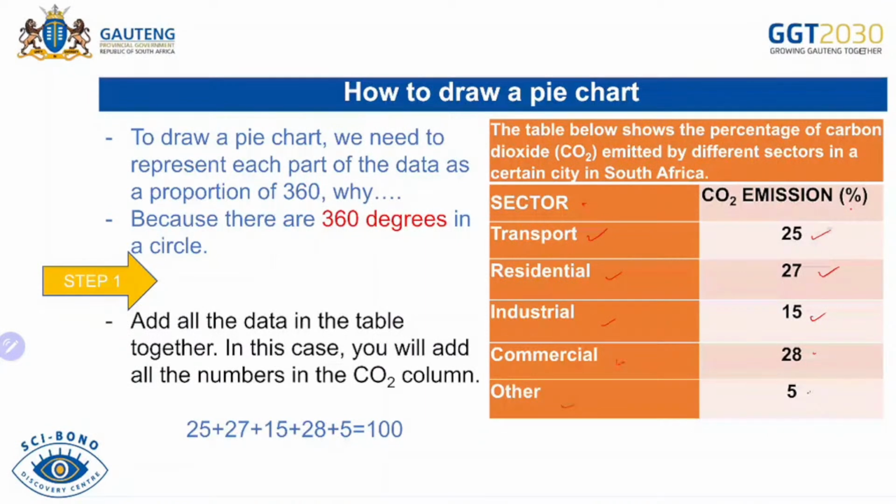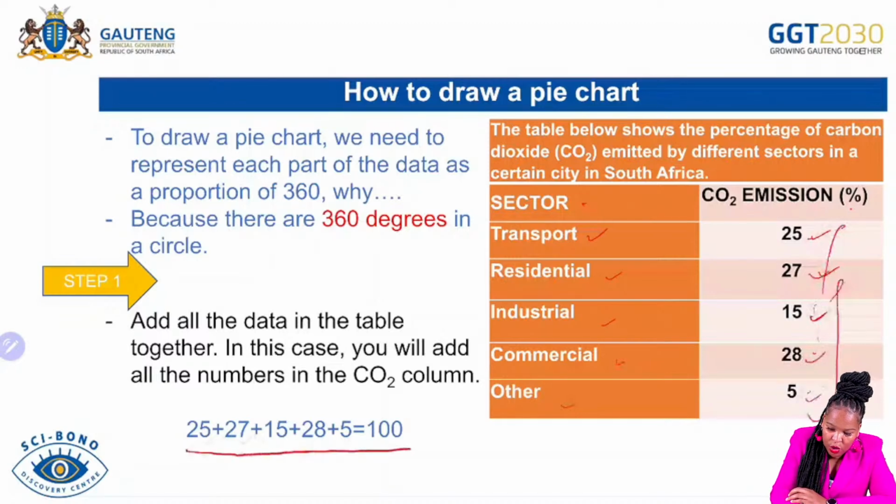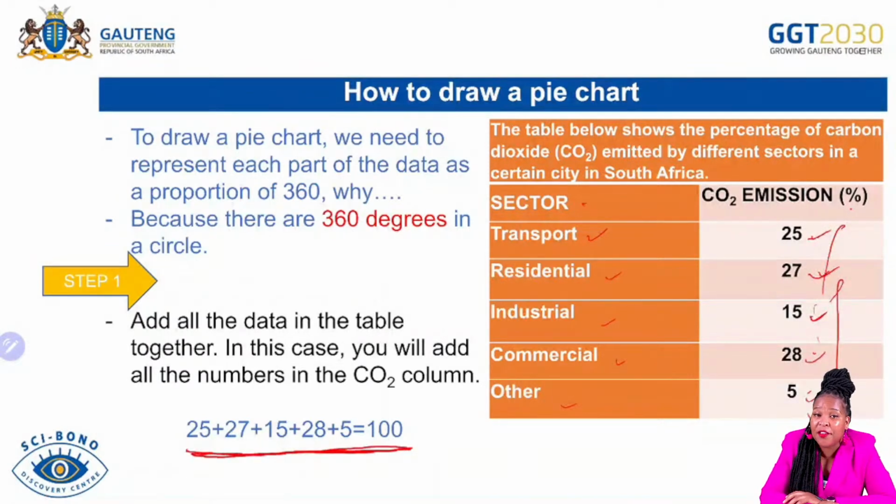So we have all of these now, percentages. Now we want to put them in a pie chart. What is the first thing that you need to do? You must add all of these together. So you add your 25, 27, 15, 28, and 5 here. They will all amount to 100%.